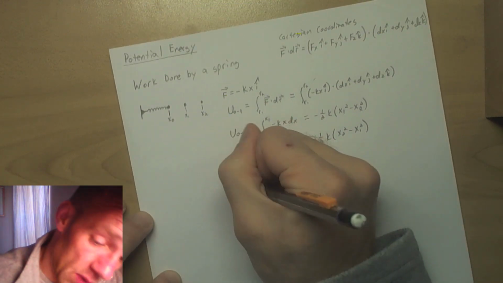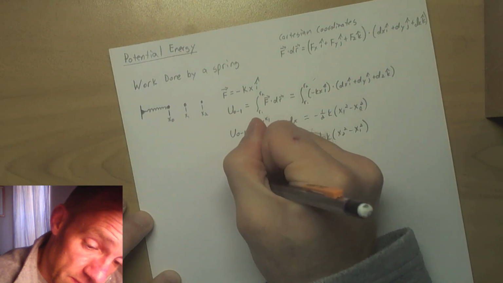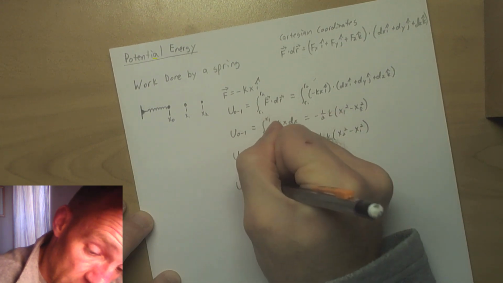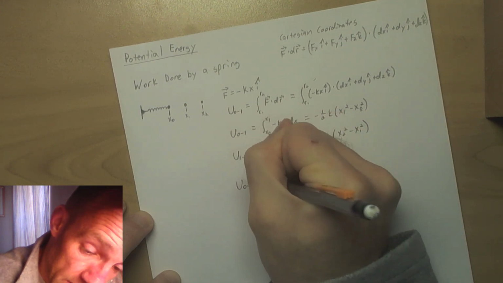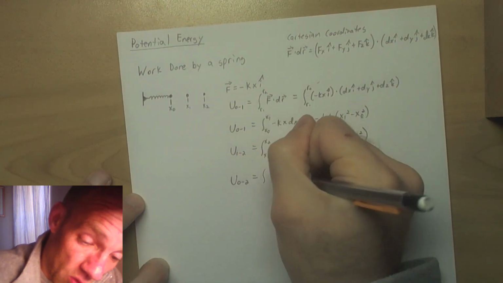So what happens if we, well, first let's compute the stretch from 0 to 2, and we just do the appropriate substitution for all the variables here.